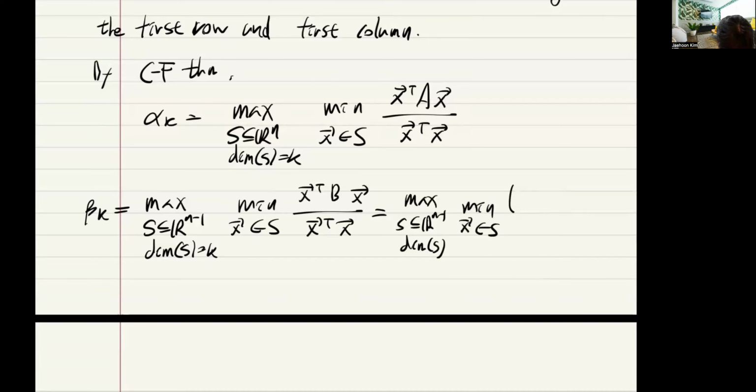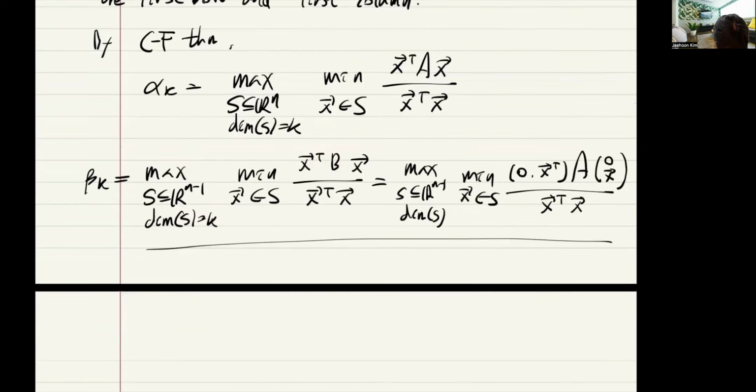Instead of just writing this x, you attach a 0 at the first position and then write down the remaining vector. So it's 0, x transpose, then 0, x. So these two are the same.